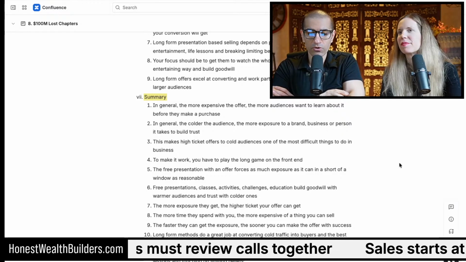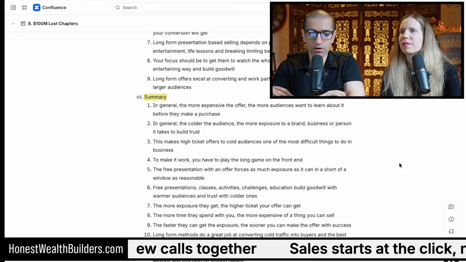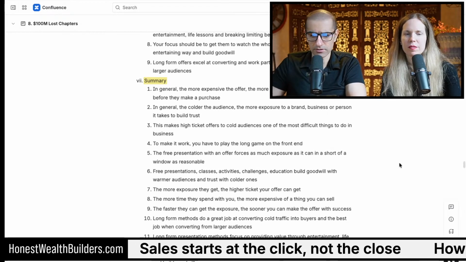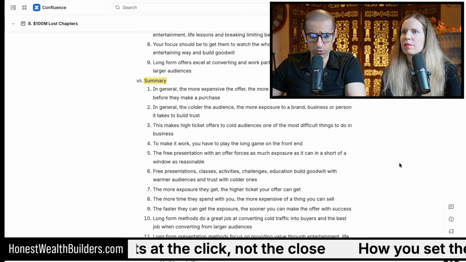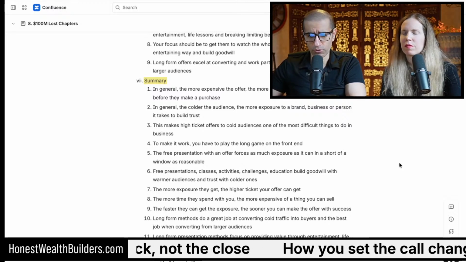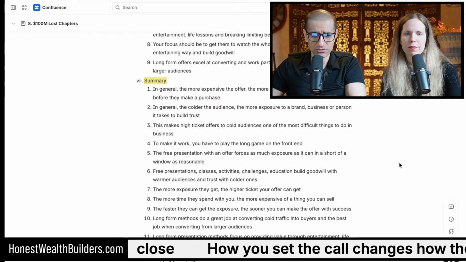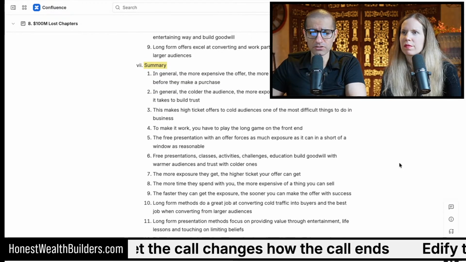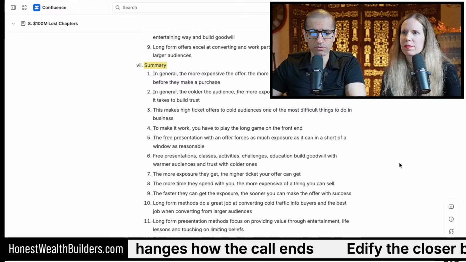In general, the more expensive the offer, the more audiences want to learn about it before they make a purchase. In general, the colder the audience, the more exposure to a brand, business, or person it takes to build trust. This makes high-ticket offers to cold audiences one of the most difficult things to do in business.